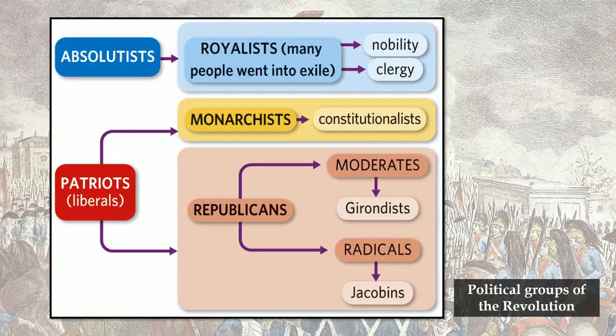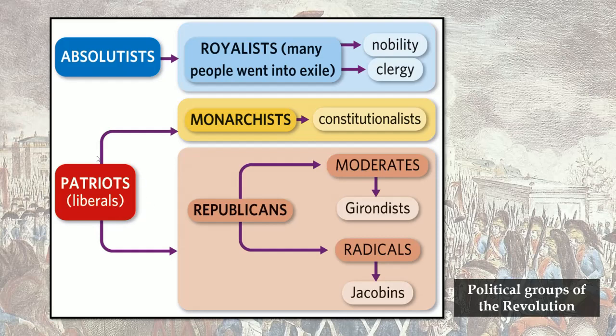So, before going on, we have to be clear with the political groups of the revolution. We have two main groups, absolutists and patriots. The absolutists are the royalists, the ones who support the absolute monarchy, mostly the royal family, of course, and the nobility and the clergy. Most of them have gone into exile, remember, after the storming of the Bastille and the Great Fear.